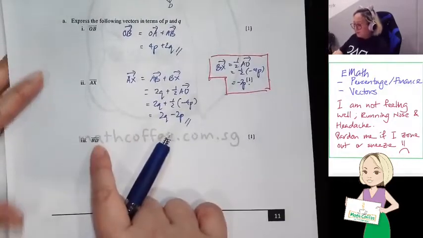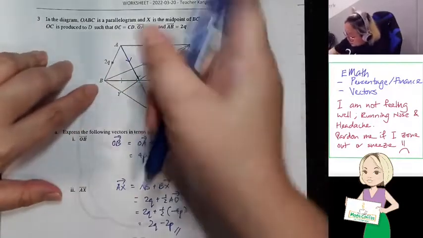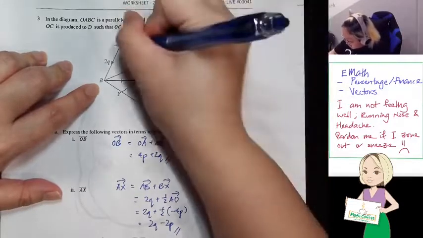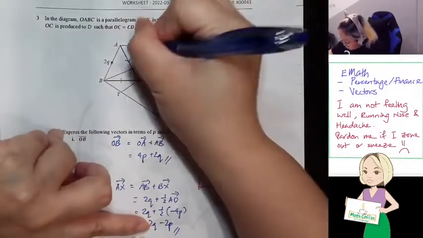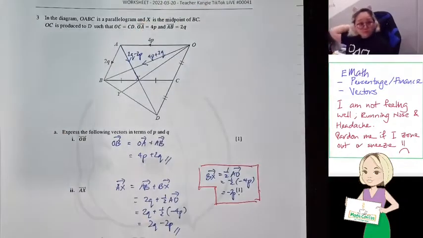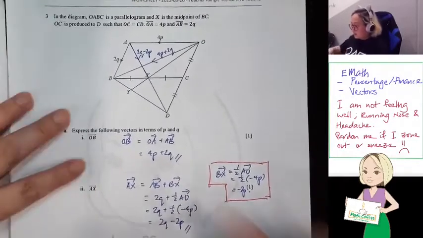Next, they want BD. So let's take a look. My AX I have it already, so I can just put an arrow and put 2Q minus 2P. Now they want to find BD. So go to your diagram. BD is here.